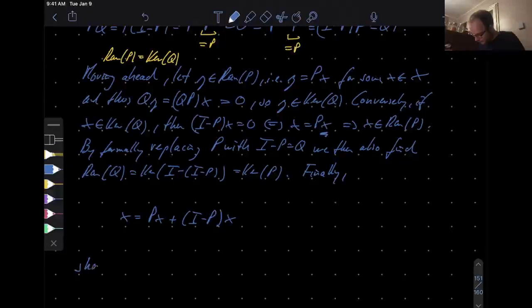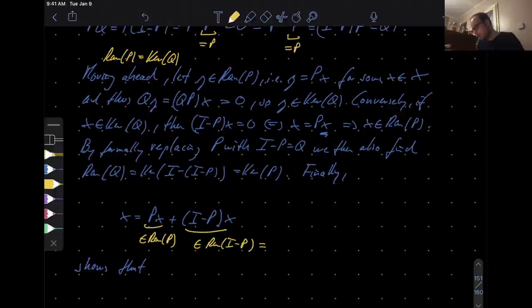This shows that, so remember this one here, p of x, is in the range of p, and this one here is in the range of 1 minus p, which is the range of q, and the range of q is the kernel of p, right? That's what we already showed up there.